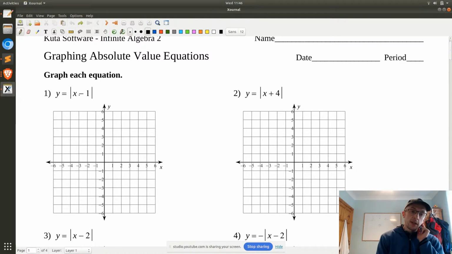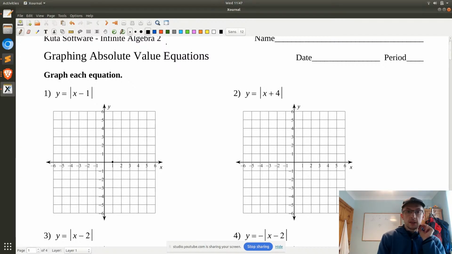The vertex of the V is the solution of the inner linear, as said. So minus b over a. So in this case, minus negative 1 over 1. So positive 1. Right there.